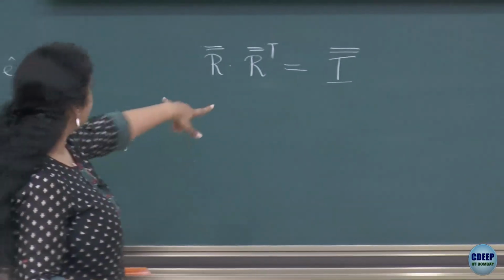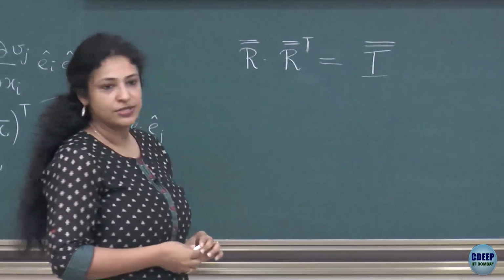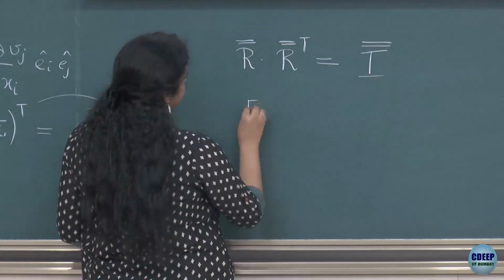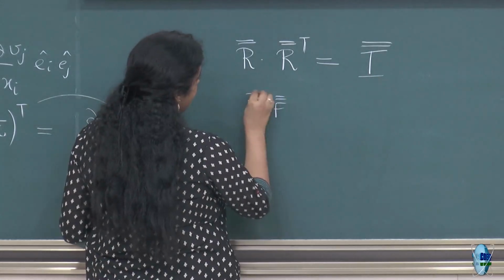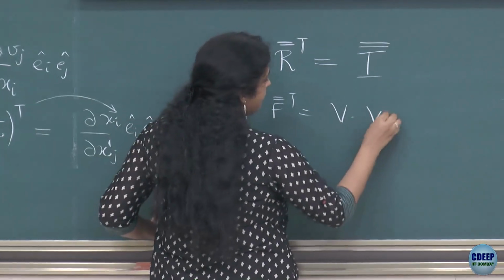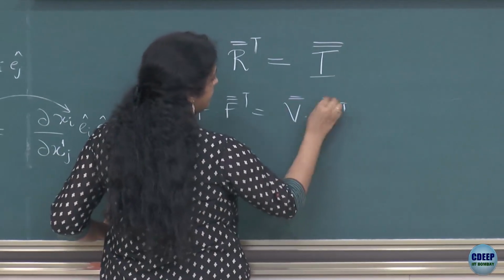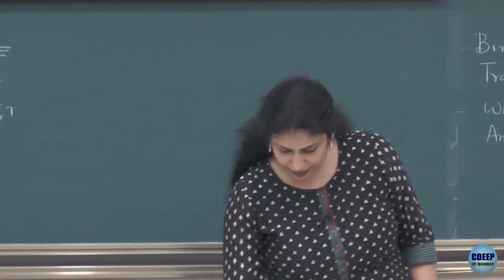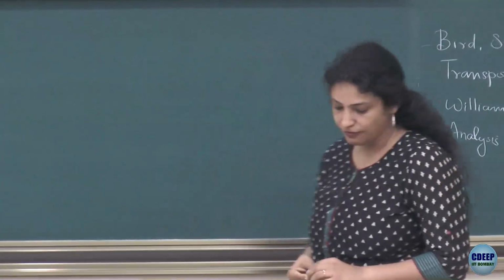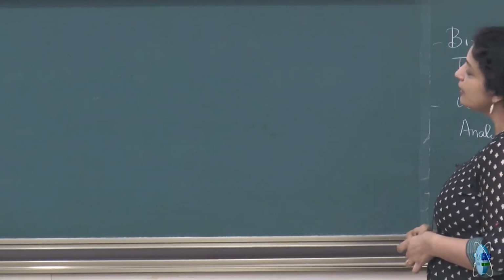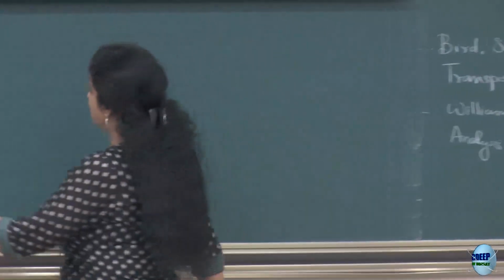Now knowing that R dot R transpose is just I, you can then say that F dot F transpose would be just V dot V transpose. Effectively we've found a way of not counting the rotation part by taking F dot F transpose.